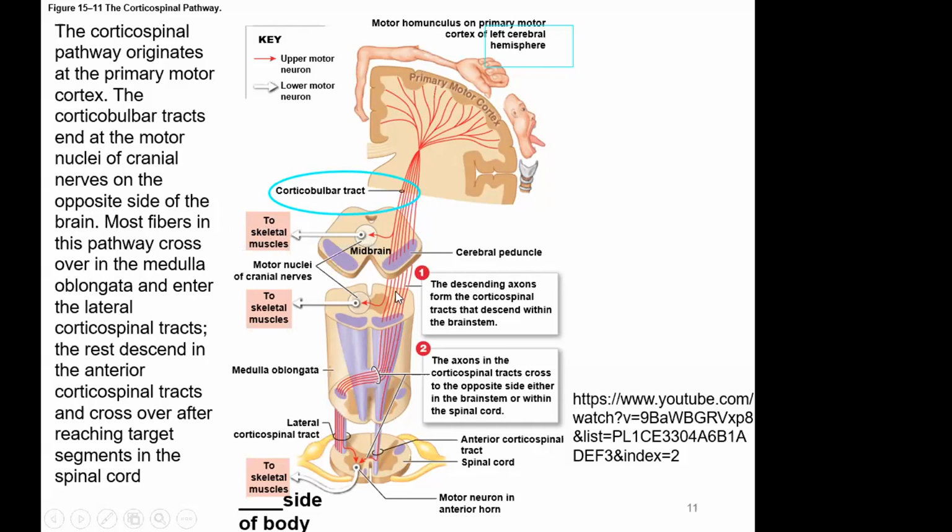If we're talking about the anterior versus the lateral, remember, anterior crosses over in the pyramids, lateral, or excuse me, which one crosses in the pyramids? Lateral. See, even it sometimes gets me. Lateral crosses in the pyramids, anterior crosses in the white commissure. In order to get to the skeletal muscles on what side of the body? We started in the left, right, perfect, okay? So we start in the left, and we ultimately end up in the right to control motor skeletal muscles on the right side of the body.